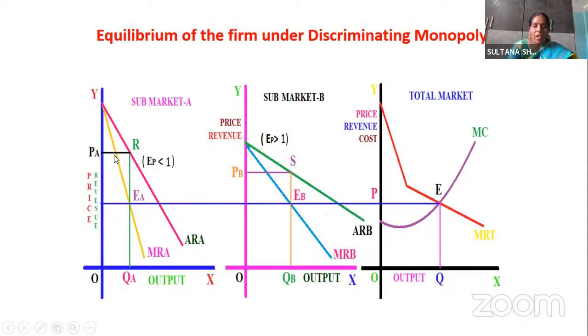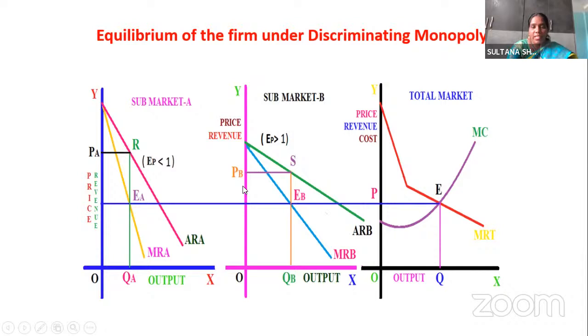Now, in submarket A, you can observe less quantity. Here he fixed the price PA. Here there is less demand and less elasticity of demand, so the price is high. In submarket B, elasticity of demand is more and the price is less.